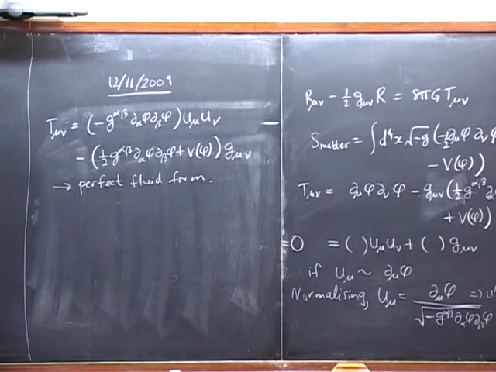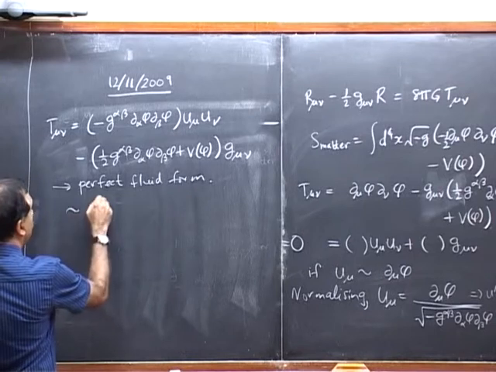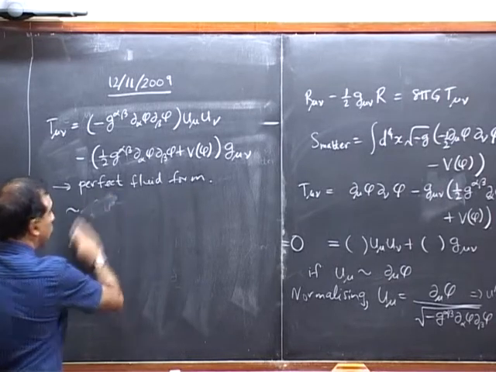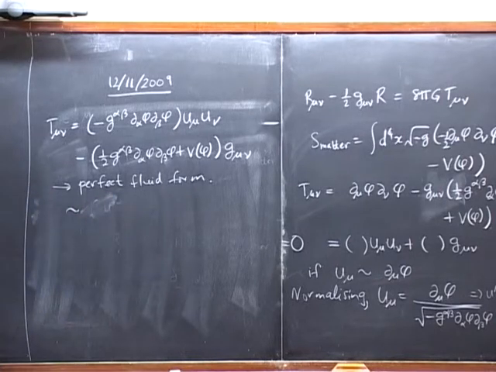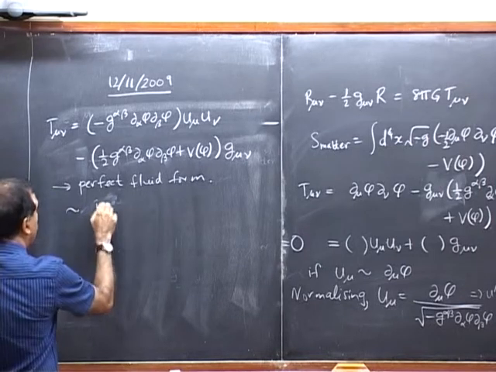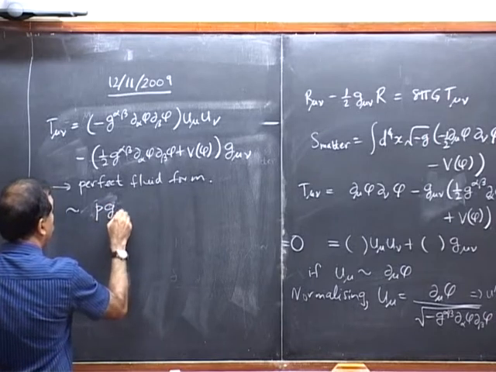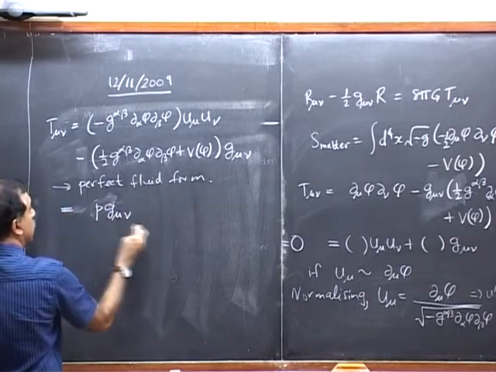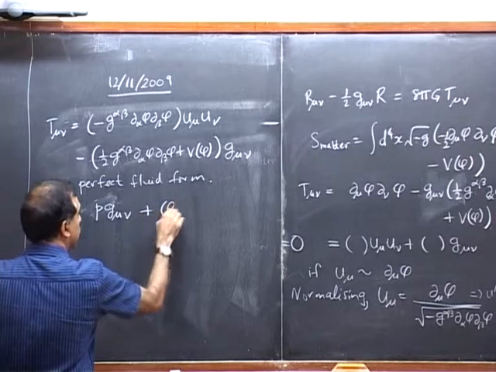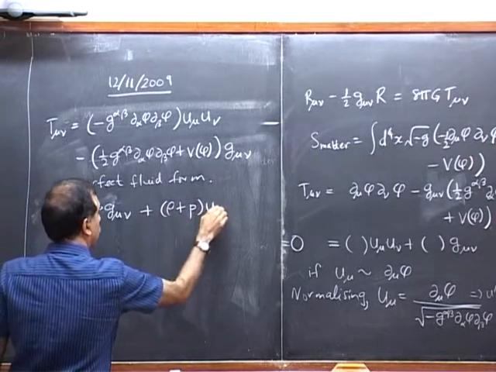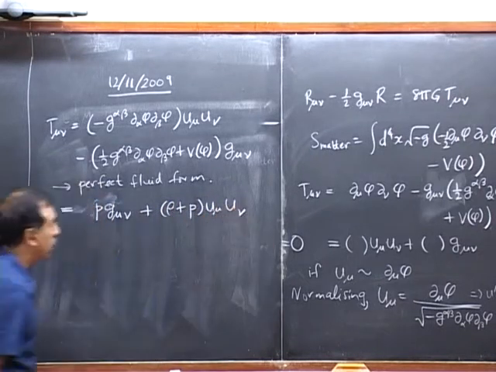So it's perfect fluid form. But of course we know that in a perfect fluid, the coefficient of u mu u nu should be the same as rho plus P. So T mu nu equals P g mu nu plus rho plus P times u mu u nu. This we already argued.